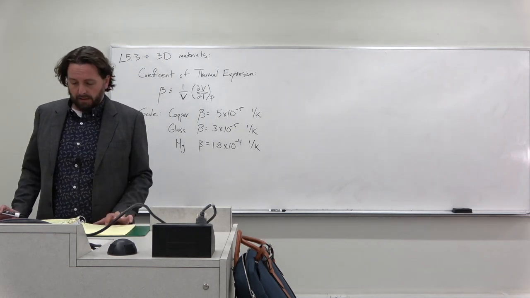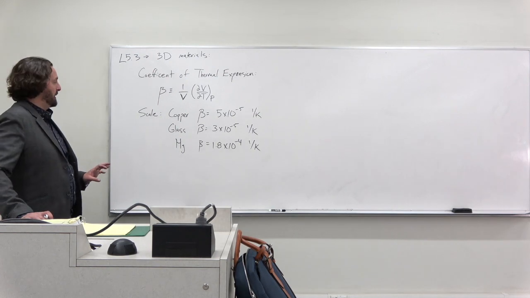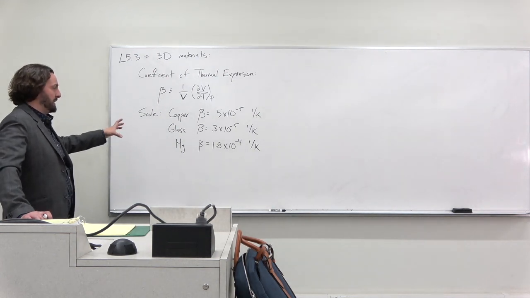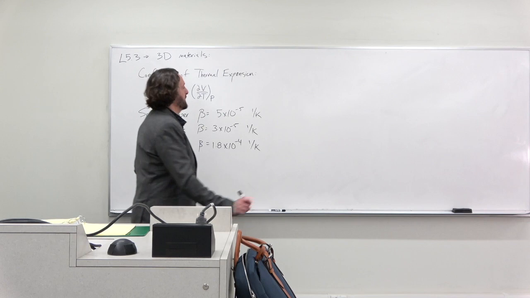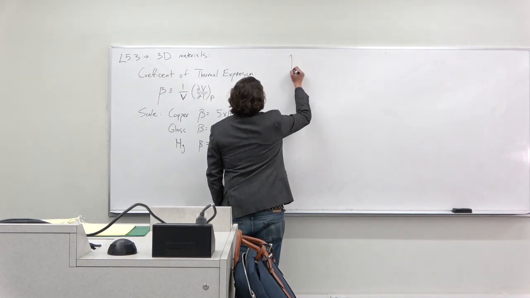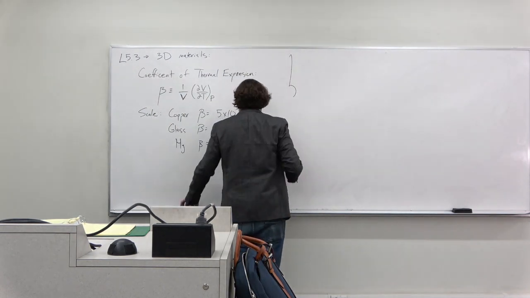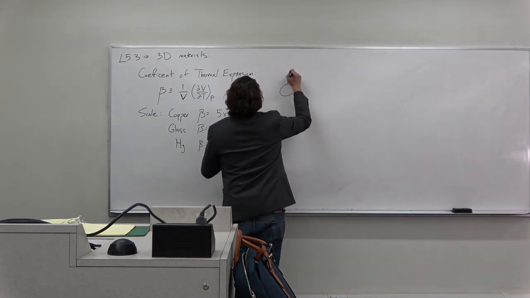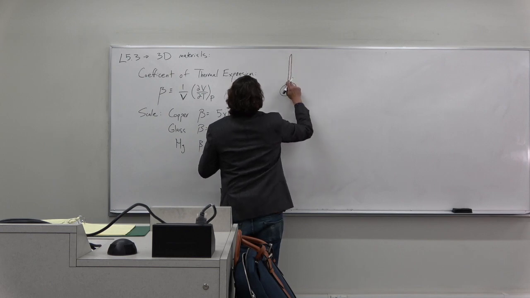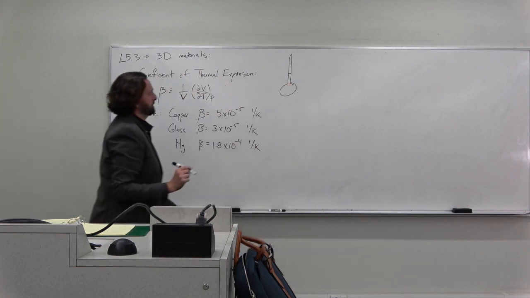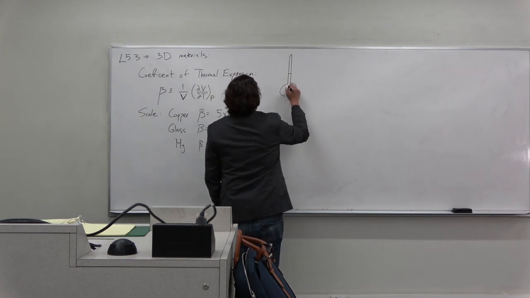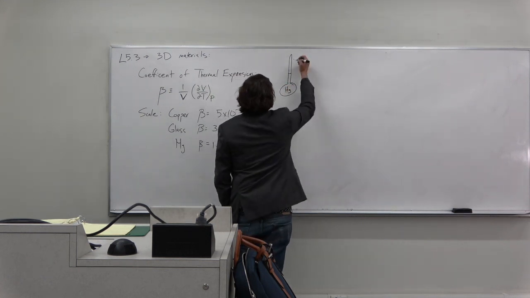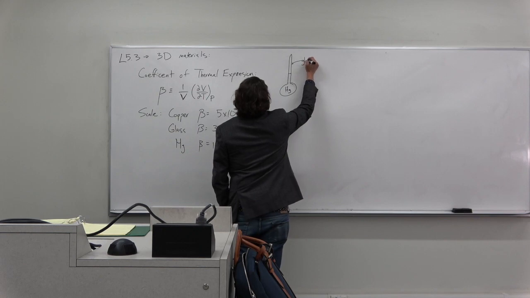So another is that we can actually glean information from this. So let's think back to our example of our thermometer. So let's make a thermometer with a bulb of mercury, right? So the mercury has some level which goes into the bulb. And this is actually glass, right?